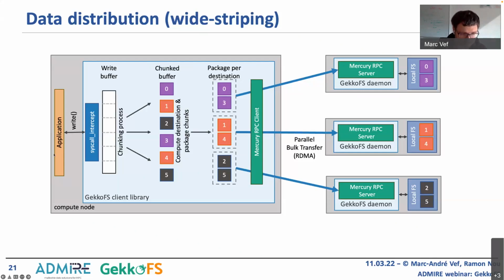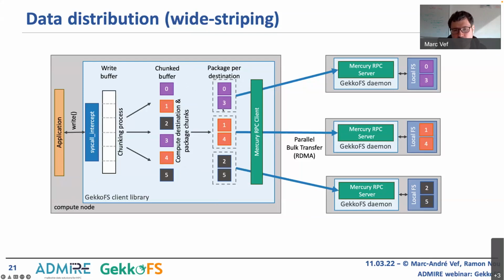So how does that work? We have the application, which issues a write, for example, here on the left side. We intercept it, then we have the write buffer, and then we just chunk it, right? So these are just boundaries, and by default, we have 0.5 megabyte chunks. And then via hashing and the node number, we compute the destination, and all chunks that are going to the same destination will be packaged, right?